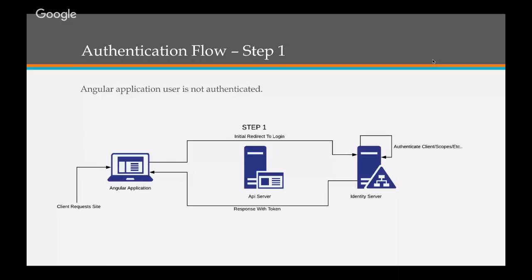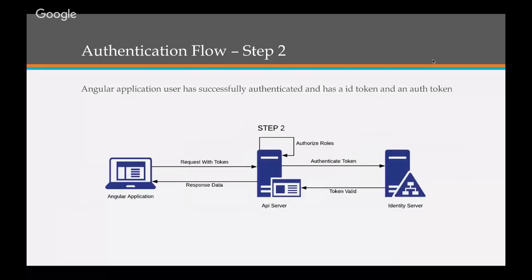We're talking about over HTTP, okay? So it'll send you back that token in the URL. The Angular app will then grab that token, validate it using its own JWT validator, store the token, log you in, and send you to the next page. Once you're successfully authenticated, you have an ID token and an auth token.